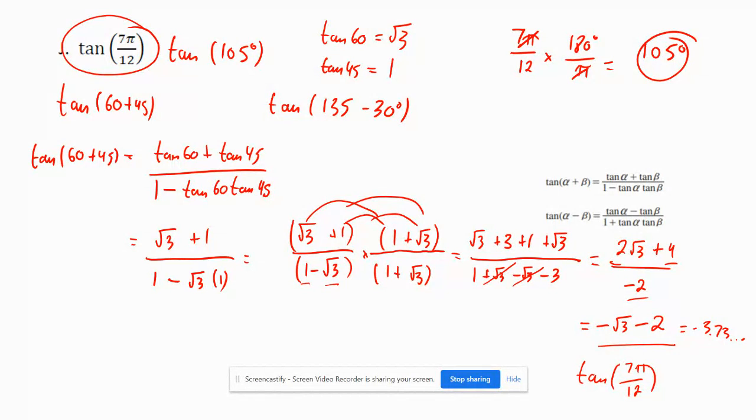And so if I go tan 7 pi divided by 12, I do indeed get the exact same decimal, negative 3.73 dot dot dot over here. Okay, so guys, this does not work over here. I would stop. This is my answer for this question. Stop at -√3 minus 2. I was just verifying that this gives me this decimal, this gives me this decimal over here, so they are in fact equal.